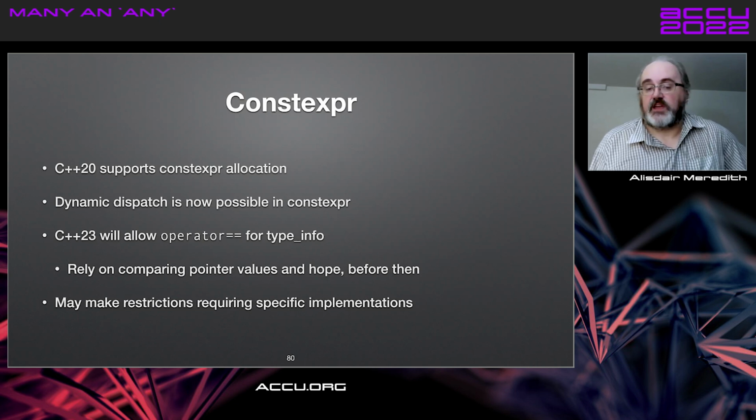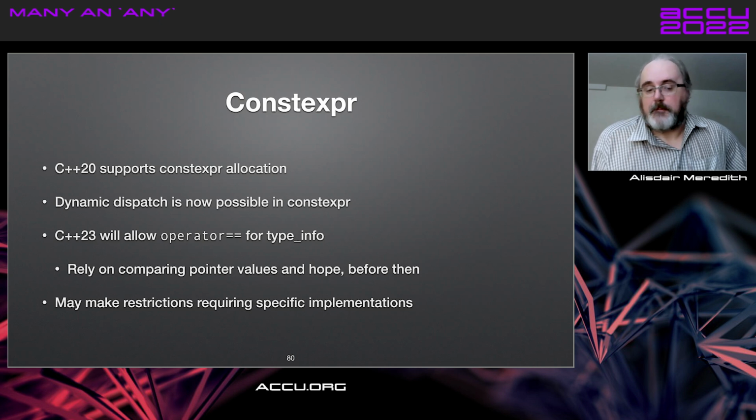C++20 now guarantees we can do virtual dynamic dispatch in constexpr, so that's not a problem. However, even though I can get my type ID and type ID works in constexpr, the comparison operator on type info, if I'm using that, does not work as constexpr in C++20, although we have already made that change to the C++23 library, so that route is still open.